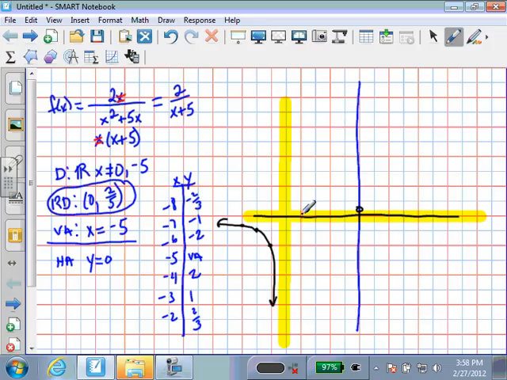On this side, we have -4, 2, -3, 1, 2/3. Definitely in the path of the hole, and traveling up the vertical asymptote. Okay, hopefully that's what you have.